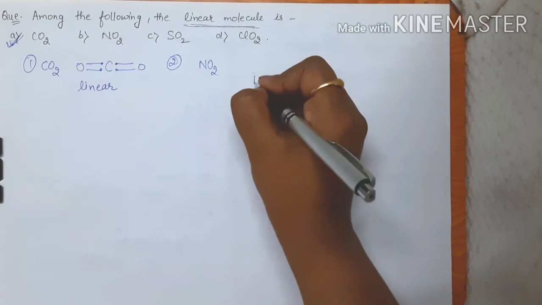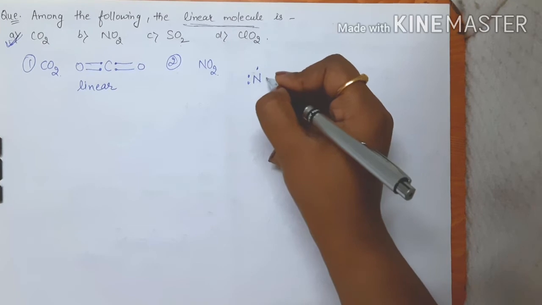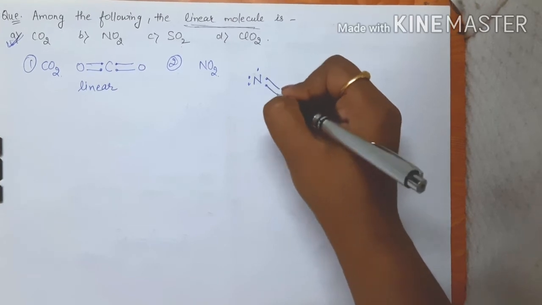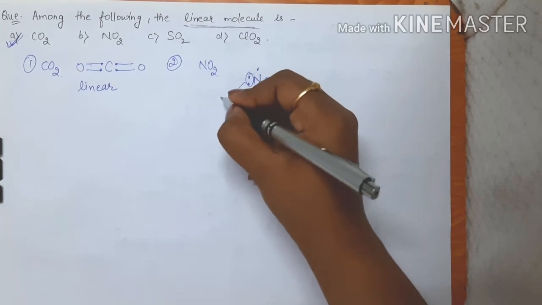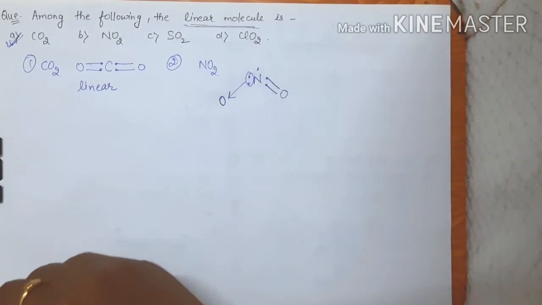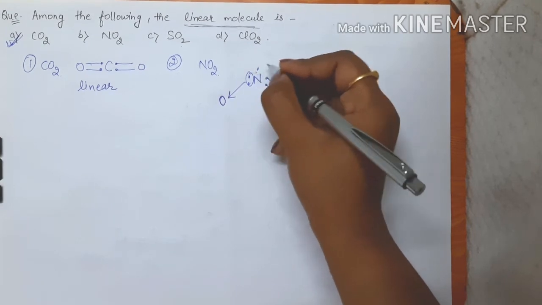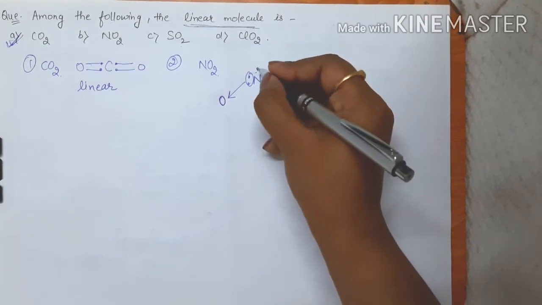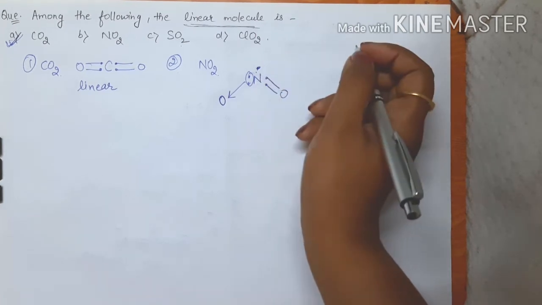Here nitrogen is the central atom, having 5 electrons in the valence shell. 1 oxygen is doubly bonded like this. These 2 electrons are donated to this oxygen via coordinate covalent bond, right? And this nitrogen is having 1 partial lone pair on it, right?